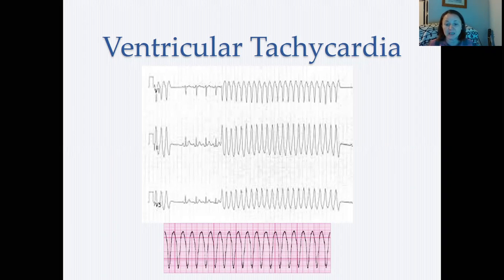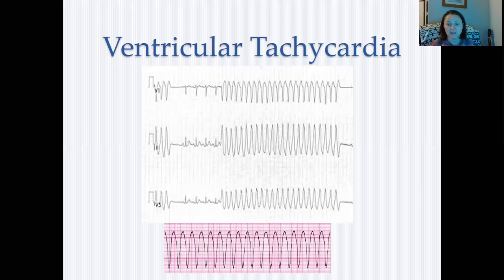Digoxin toxicity, hypoxia, acidosis, all these are going to be causes for ventricular tachycardia. Electrolyte imbalances, low potassium can throw us into VTach. Also, what we see a lot is people with a low ejection fraction after an MI.